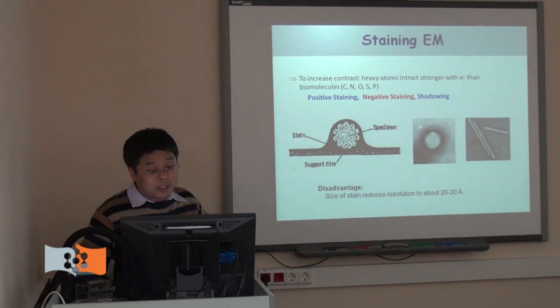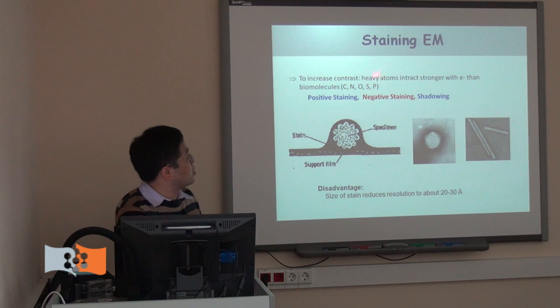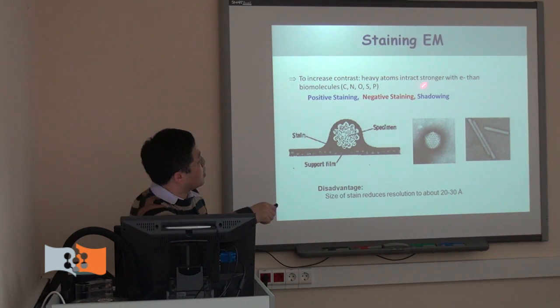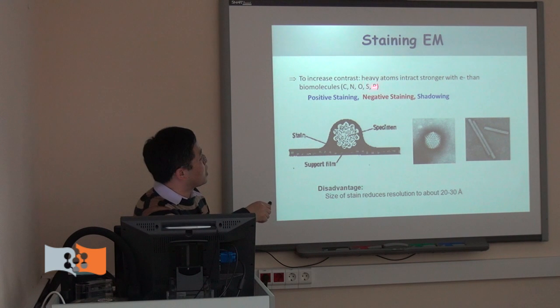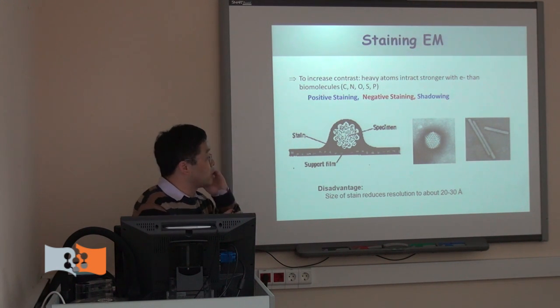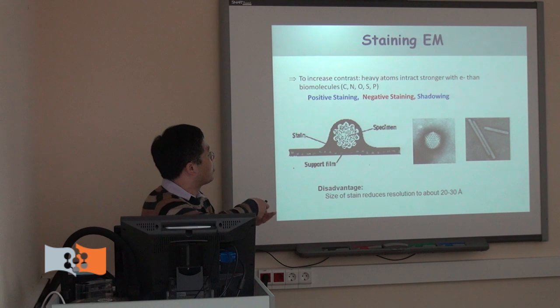For staining, to increase the contrast, as we said, biomolecules are all carbon, nitrogen, and oxygen, so it's hard to see. Basically, we use heavy atoms to enhance the contrast. There are several ways to do that. Positive staining: you incubate your sample with heavy metals.